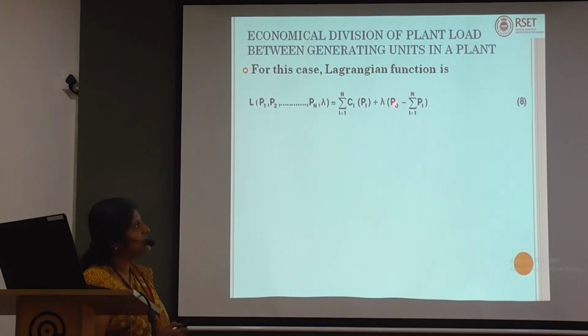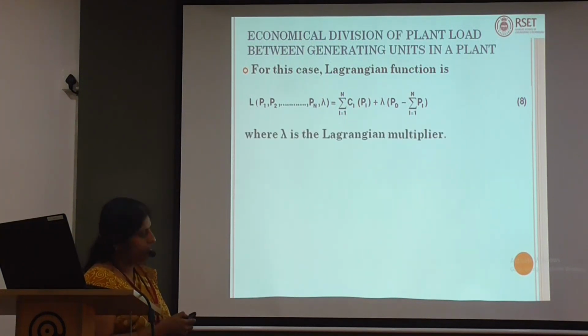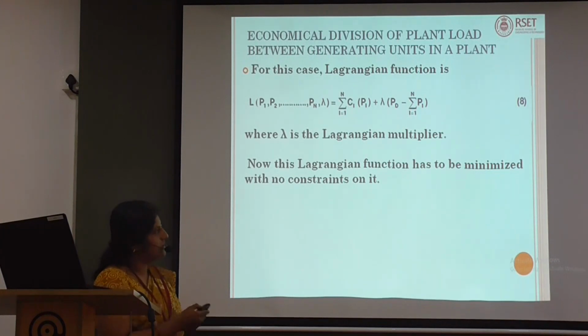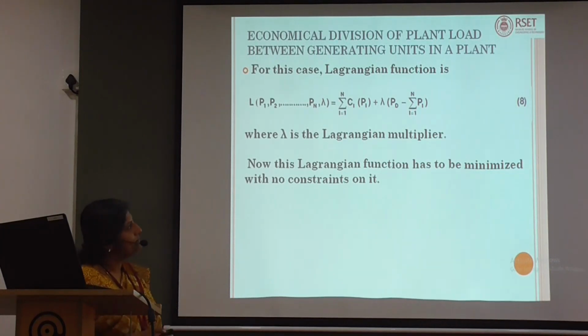It is defined as your objective function plus lambda times your equality constraint. This is the Lagrangian function. As I have said, lambda is your Lagrangian multiplier, and our intention is that this Lagrangian function has to be minimized, with no constraints on it.